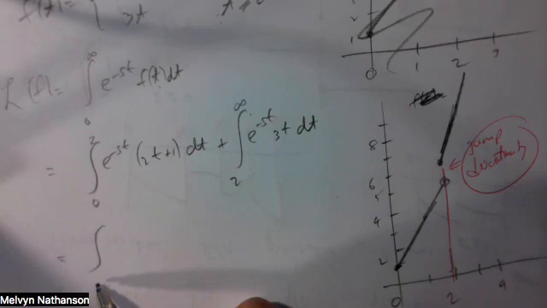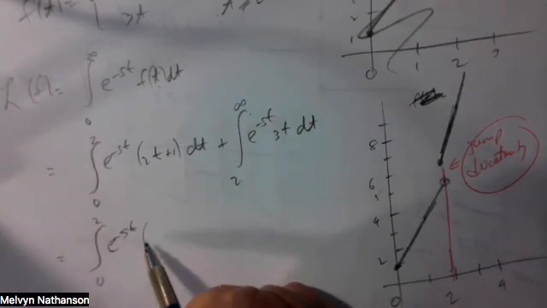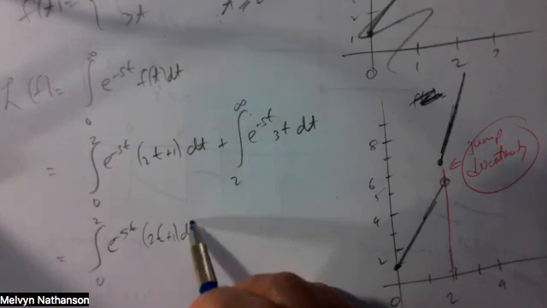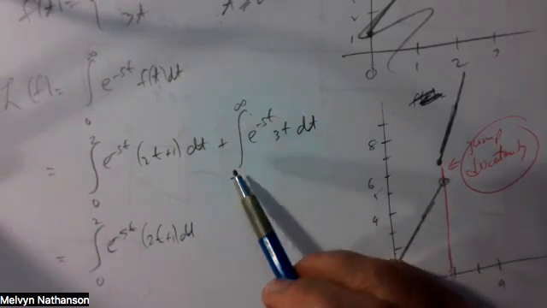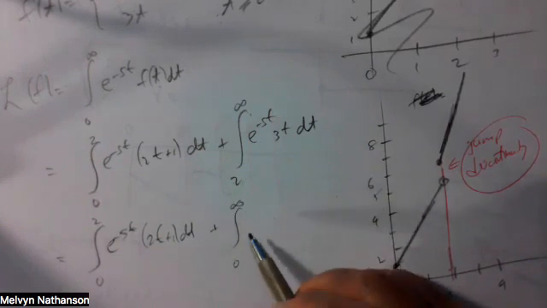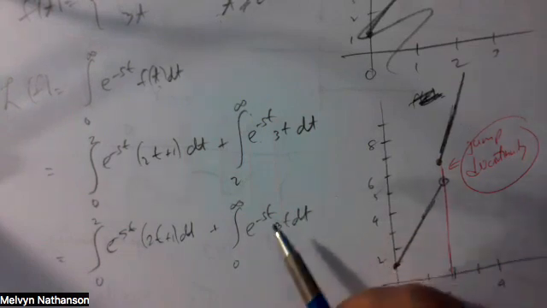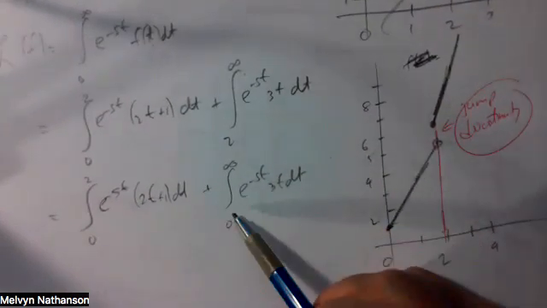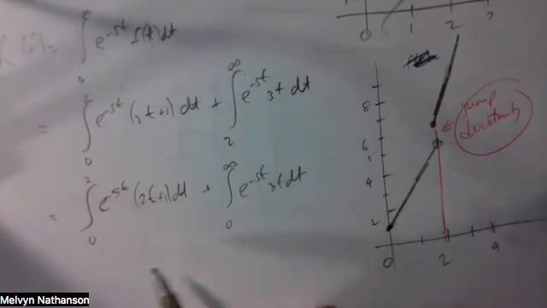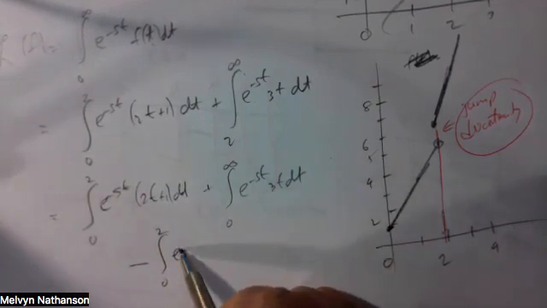So I can write this as follows: the integral from 0 to 2, e to the minus st, 2t plus 1 dt. And if I want to make this an integral from 0 to infinity, I can. The only thing is I've added here the integral from 0 to 2, so I have to subtract the integral from 0 to 2 of this.